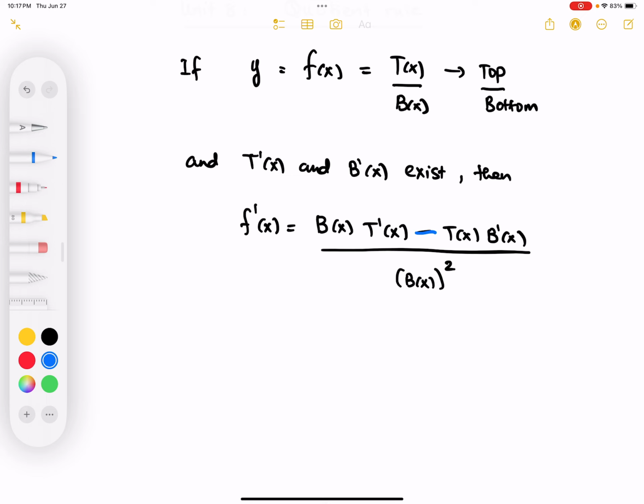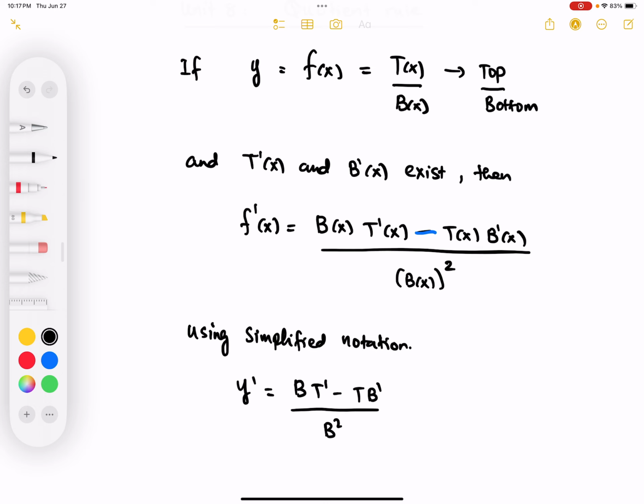Or using simplified notation, we can write y prime equals B T prime minus T B prime over B square.